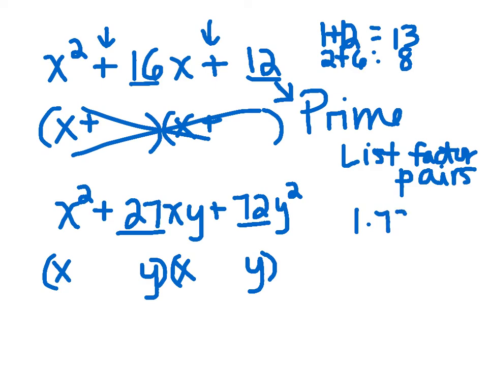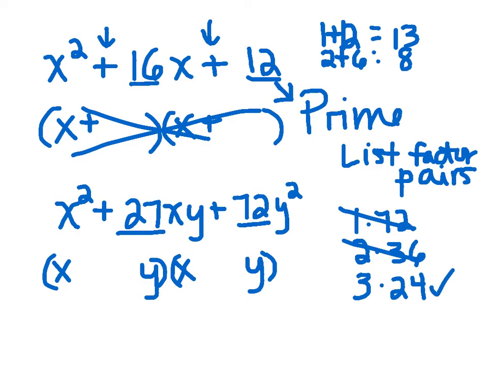So 1 times 72 is 72. 1 plus 72 is 73. Doesn't work. 2 times 36 is 72, but 2 plus 36 is 38. Doesn't work. 3 times 24 is 72. 3 plus 24 is 27. So that means I know my numbers are 3 and 24. I know that because of this sign, it tells me that the signs are the same, and they are both this.